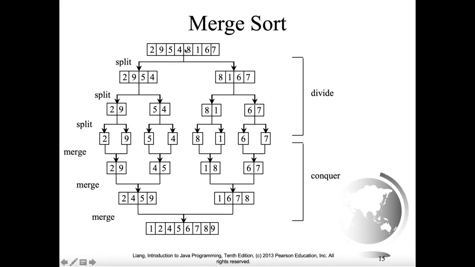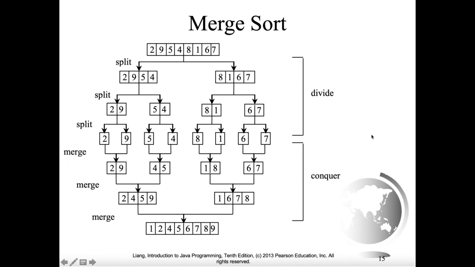The original list here had one list of 8 elements. When we're done with the splitting, we have 8 lists that each have only 1 element. So here we have 1 times 8, and here we have 8 times 1, so 8 problems of size 1.